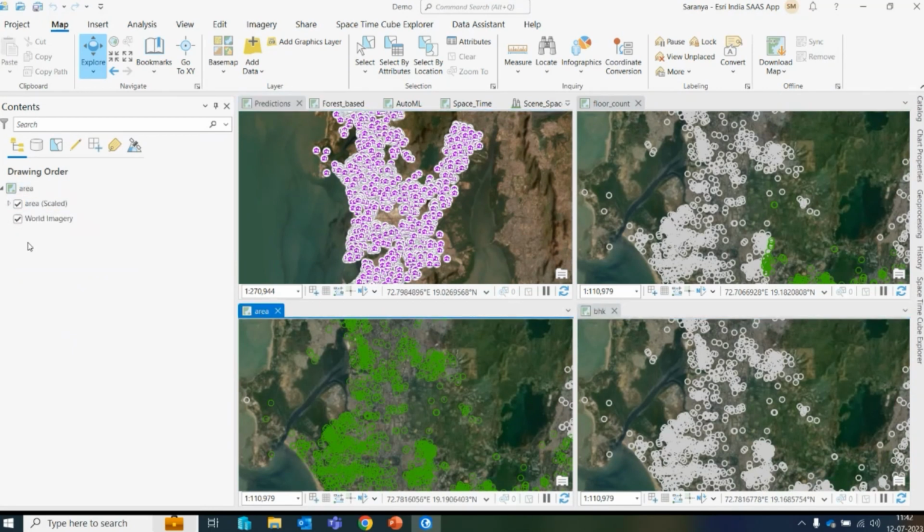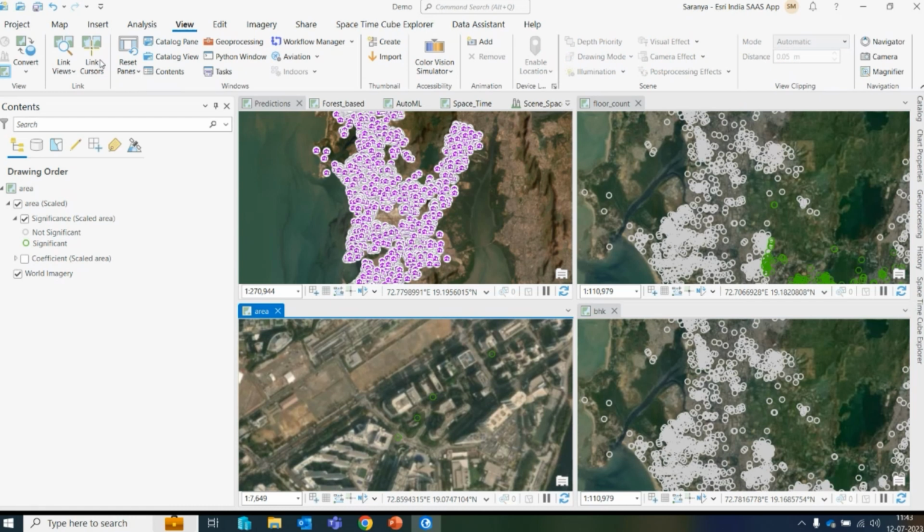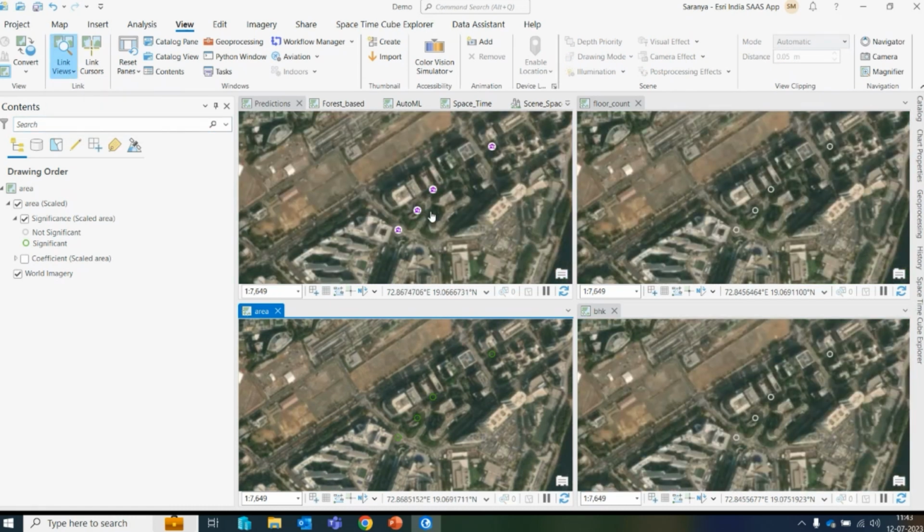When you go to area, you can see where the area variable is significant and where it is insignificant. If you move to this particular location, I'll just link all these together. In this location, area seems to have more influence, and floor count and number of bedrooms not so much.